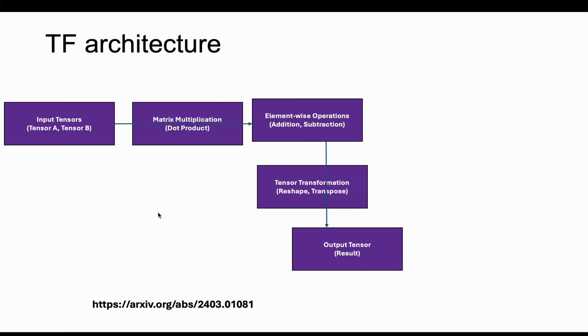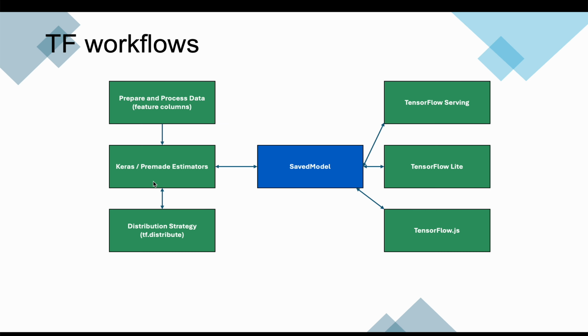Next, we need to understand TensorFlow and the workflows. As you can see over here, the natural first step is preparing and processing the data. So you start by preparing and processing the data, defining the feature columns, and normalizing. Feature engineering is a very important and crucial step.